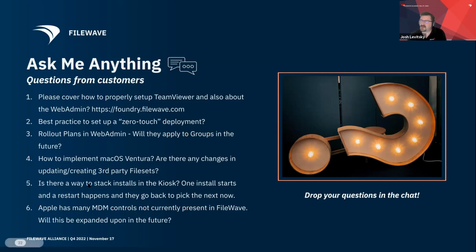Okay, so then let's do the stacking of installs on Kiosk, right? Obviously, it makes sense that if you have something in Kiosk, they want to be able to perhaps pick 3 things and say, I want these 3 things to install, right? And one of them needs a reboot. But the way it would be today, you'd click the first thing, it would do a reboot, then you'd come back to Kiosk and pick the second thing you want, right?